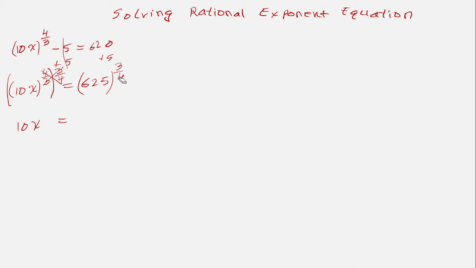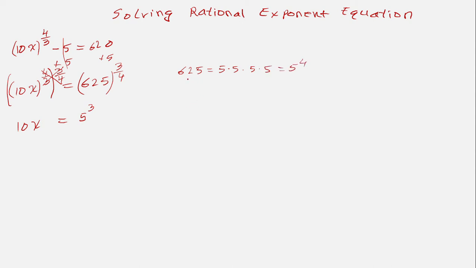We can actually say 4th root of 625 and then cube it. So 4th root of 625 is actually 5. So this is 5 cubed. And let's just explain why 5 is the 4th root of 625. 625 is actually 5 times 5 times 5 times 5, which is 5 to the 4th.